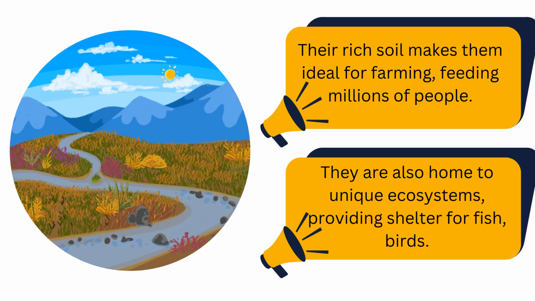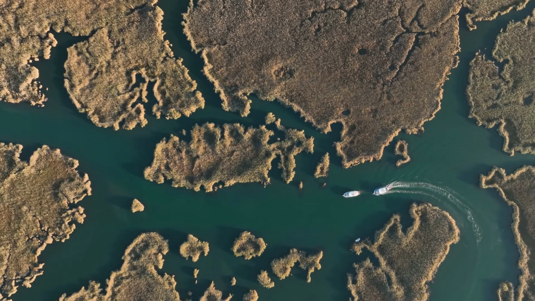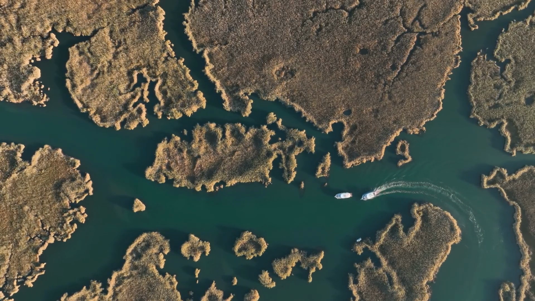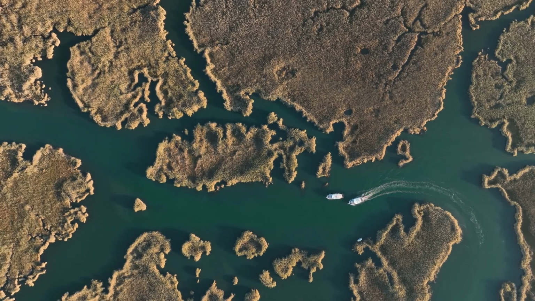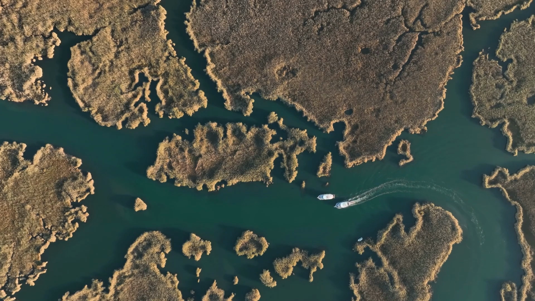Rising sea levels, pollution, and human activities threaten these fragile landscapes. Deltas are nature's masterpiece, shaped by water, time, and life. Next time you see a river meeting the sea, remember it's not just an ending, but the start of something beautiful.